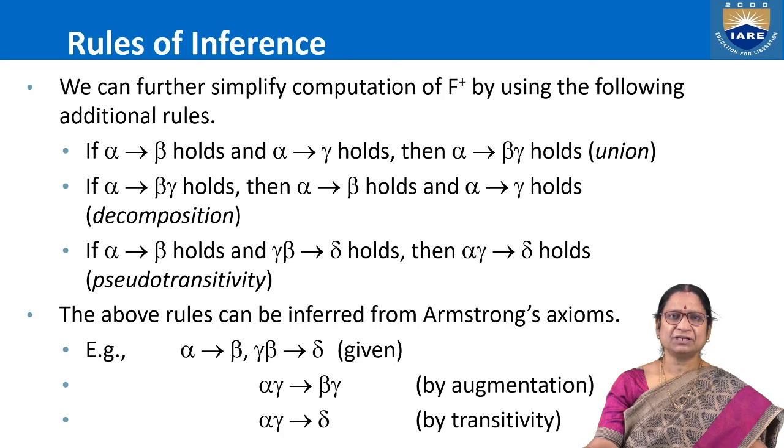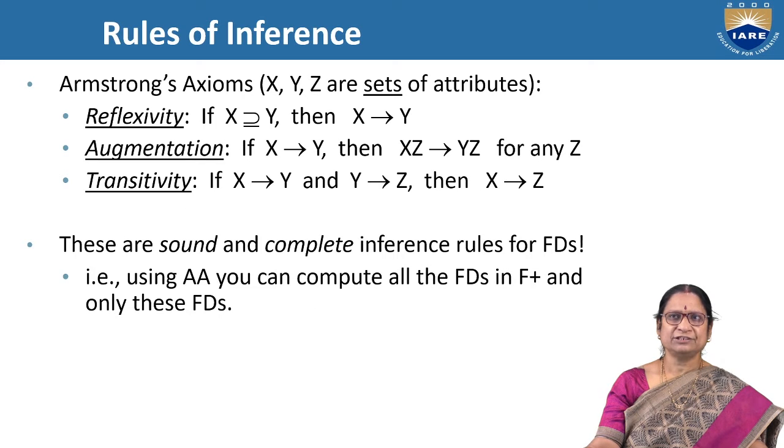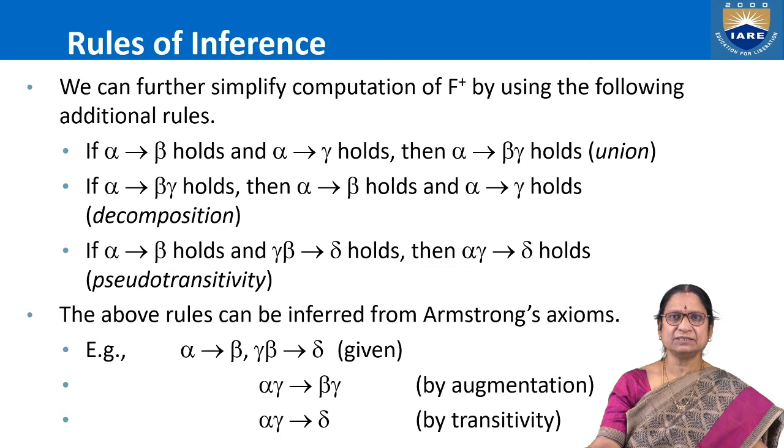In case of reflexivity, x determines y means y is a subset of x. Augmentation means you can add to both sides some set of attributes so that the functional dependency holds good. Transitivity means if x determines y, y determines z, then x determines z. By using these 3, we can derive union rule, decomposition rule, pseudo-transitivity, and the union rule adds a set of attributes on the right hand side only.